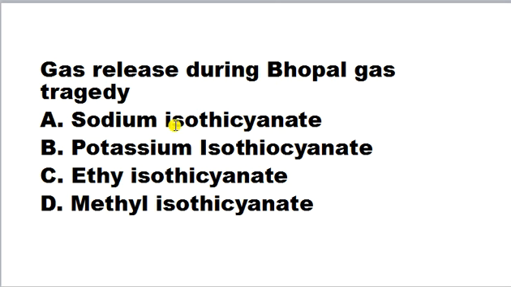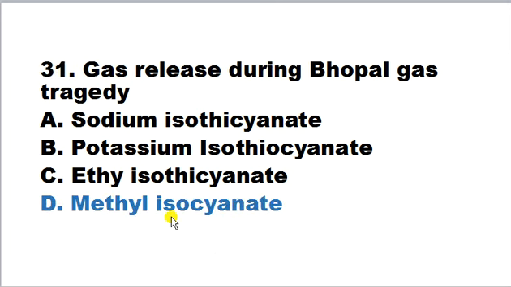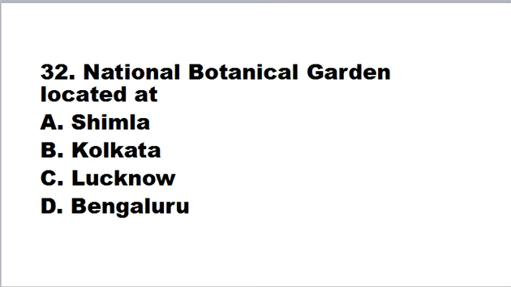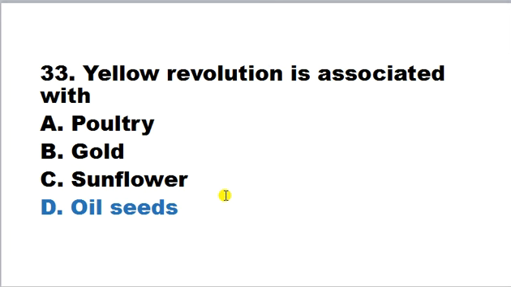Gas released during Bhopal gas tragedy: sodium isocyanate, potassium isothiocyanate, ethyl isothiocyanate, methyl isothiocyanate. Methyl isocyanate was the gas released during Bhopal gas tragedy. It is a very toxic gas. National Botanical Garden is located at Shimla, Kolkata, Lucknow, Bengaluru. So National Botanical Garden is located at Kolkata, India.